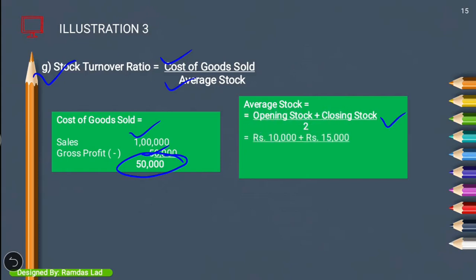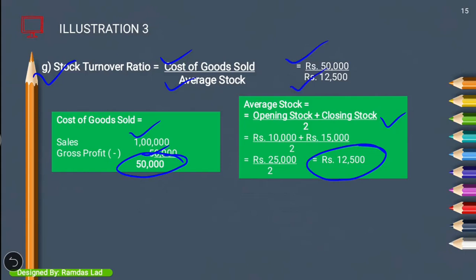Opening stock is rupees 10,000 plus closing stock rupees 15,000 divided by 2. In this way we get average stock of rupees 12,500. So cost of goods sold 50,000 divided by average stock is equal to 4 times.